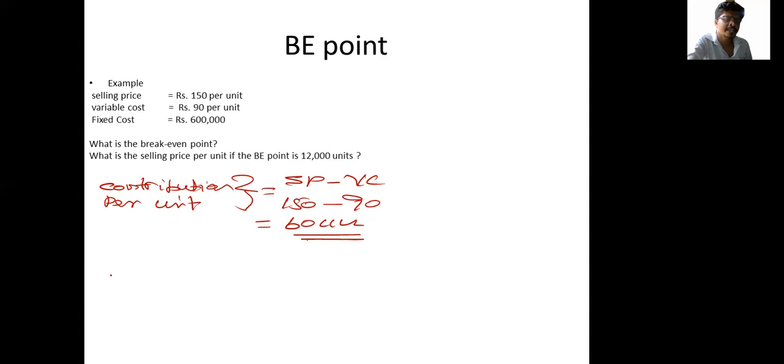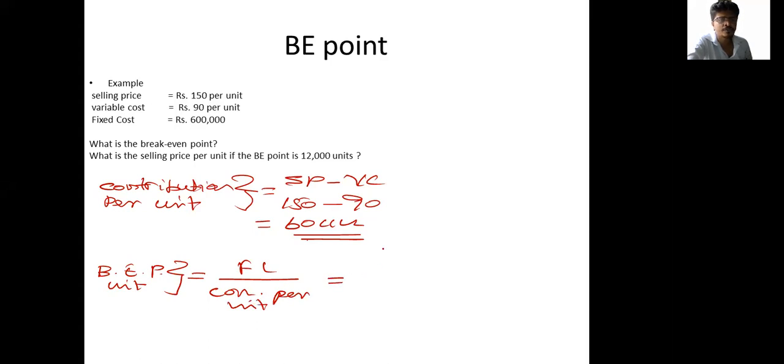Now the break-even point we can easily calculate. Break-even point units equals fixed cost divided by contribution per unit. In this particular case, fixed cost 600,000 divided by the contribution per unit we calculated, 60.